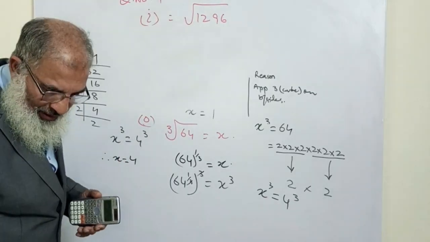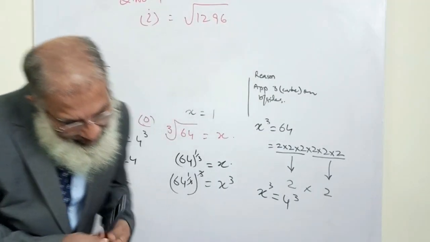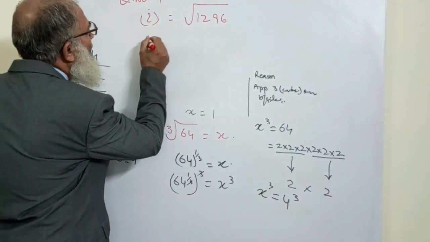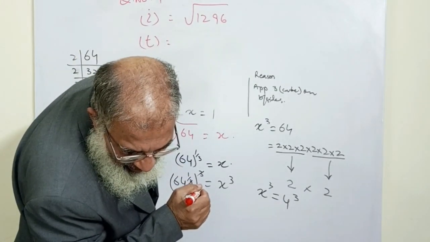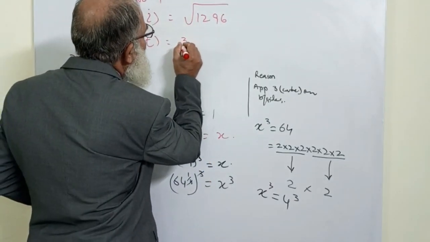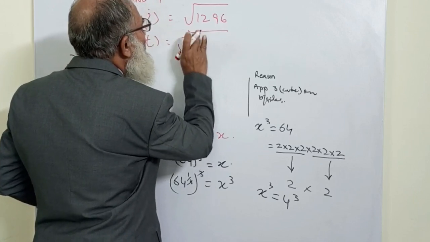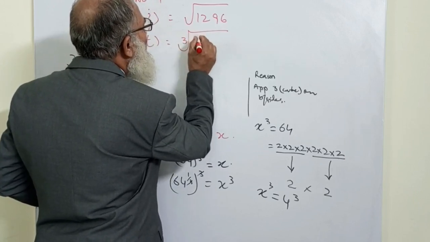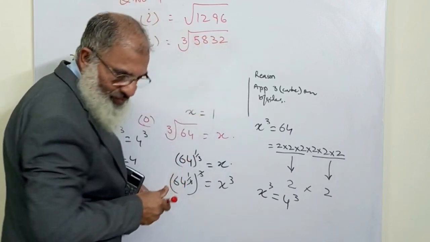Similarly, there is a question here, part t, and that is the cube root of 5832.